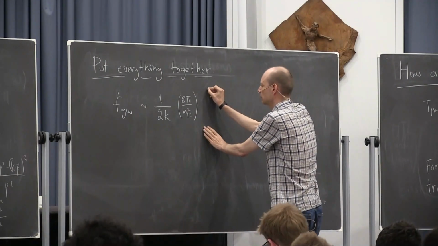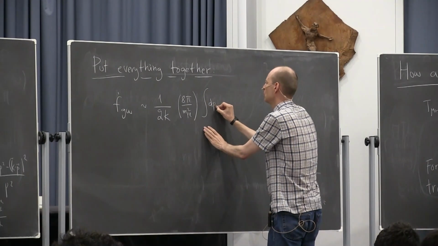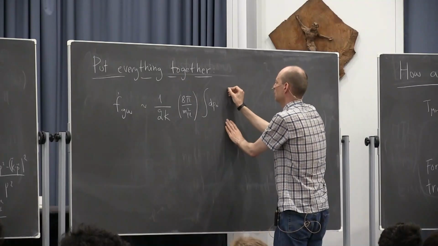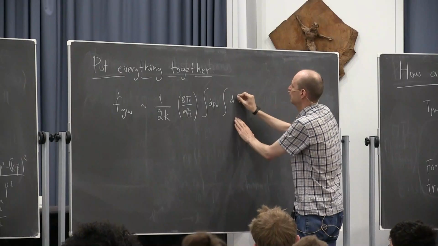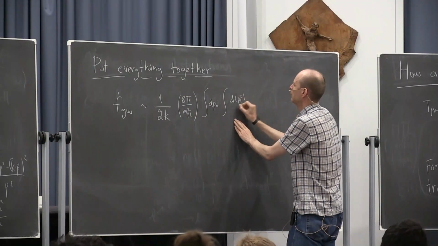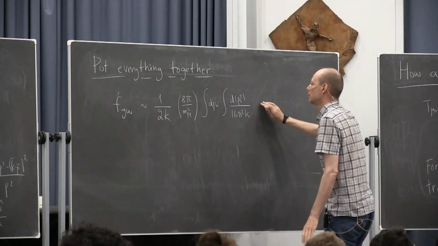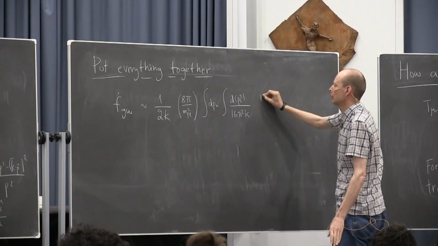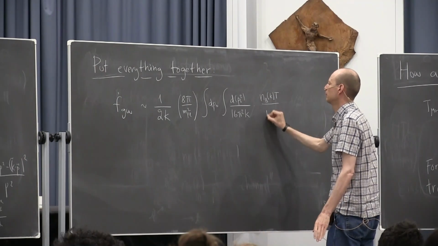Then we had the phase space. There was dp0. There was d3p perp squared over 16 pi squared k. Then there were the phase space distributions, nB, k, T, p0.